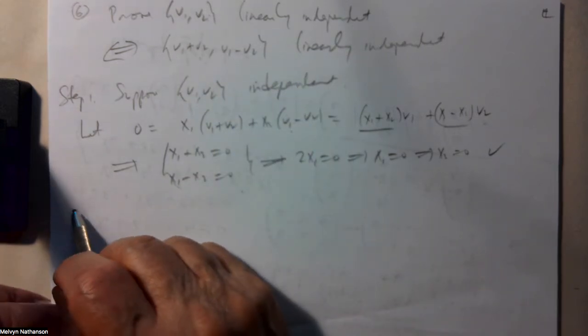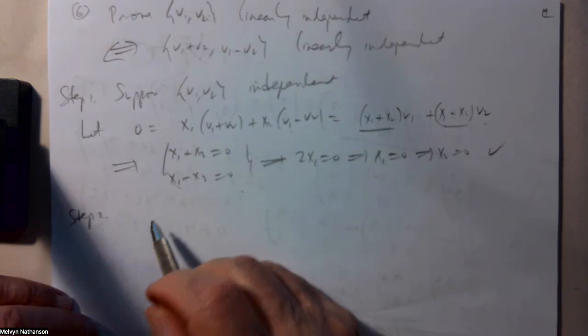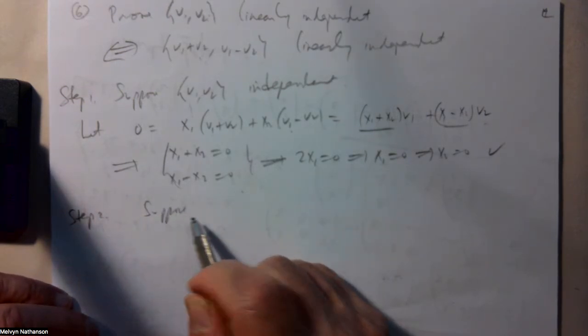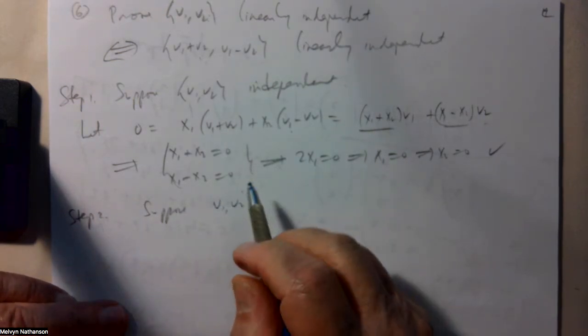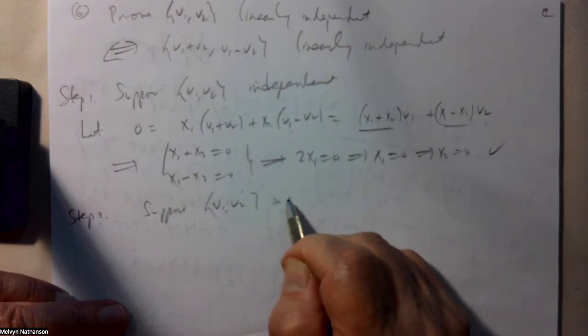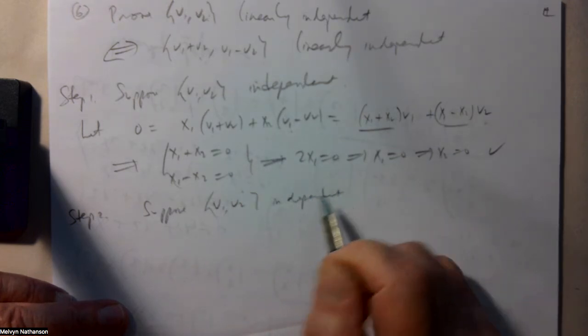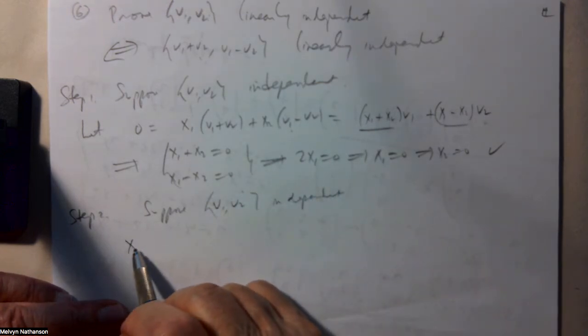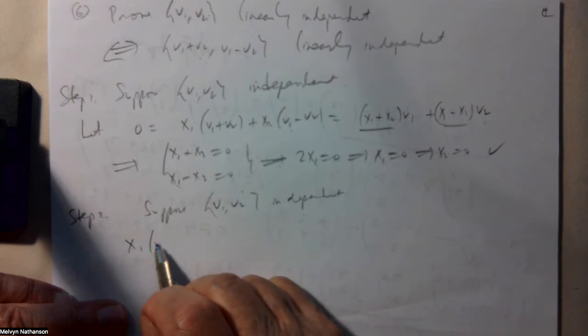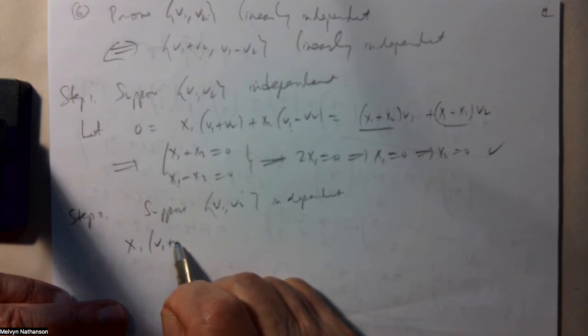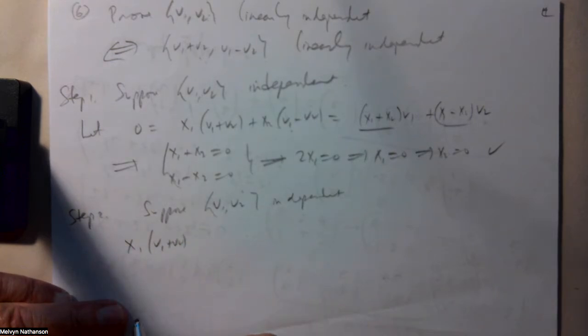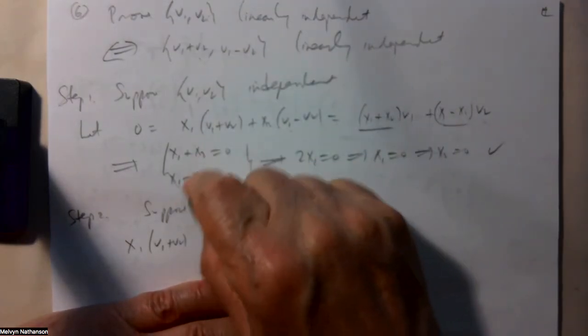And step 2 is to work in the opposite direction. Suppose the second set is independent.